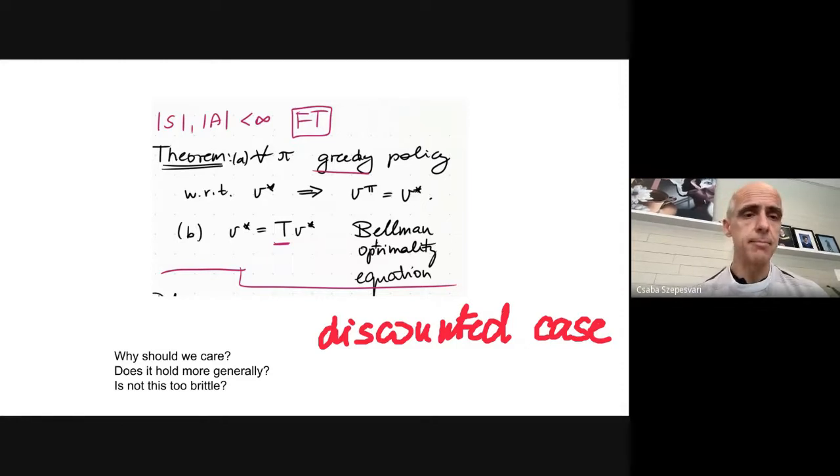But there are some complications that do not arise if you only look at finite horizon settings. Later on, we're going to look at the finite horizon setting quite a bit as well.